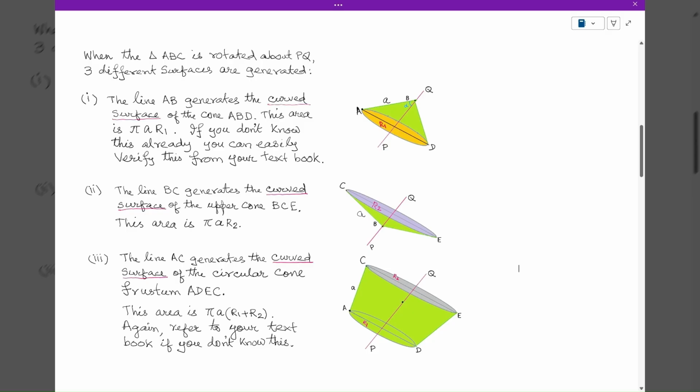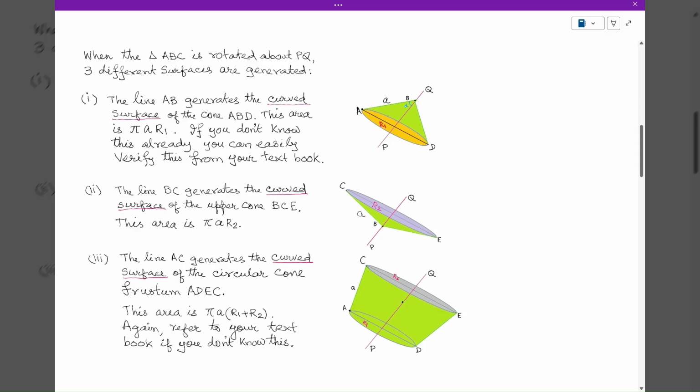Now let us take the surface areas generated by different lines one by one. Let us take line AB. This line AB generates the curved surface of the cone ABD. This is a cone with a circular base and the axis which is perpendicular to it. Therefore, it is a right circular cone. a is the slant height and R1 is the radius of the base.